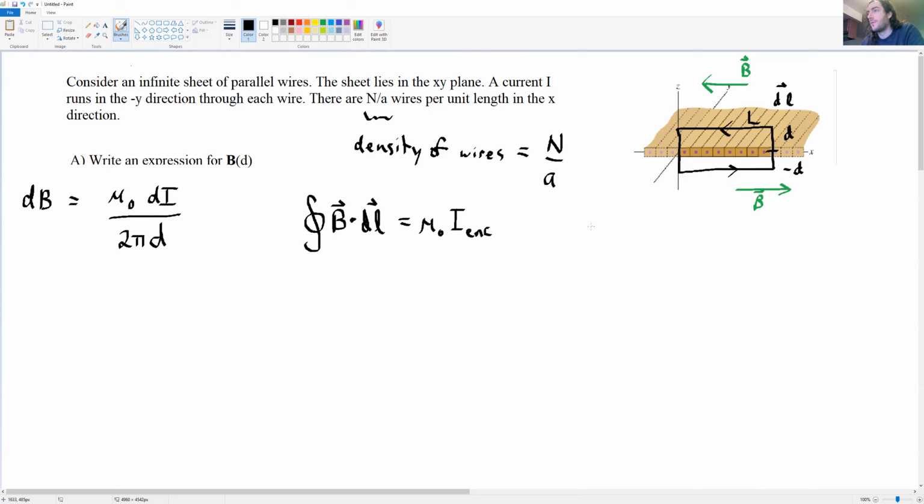So maybe let's call this thing rho for a second. So rho is the density of wires. If I do rho times L, that's going to give me, let's call it lowercase n, the number of wires in the loop.